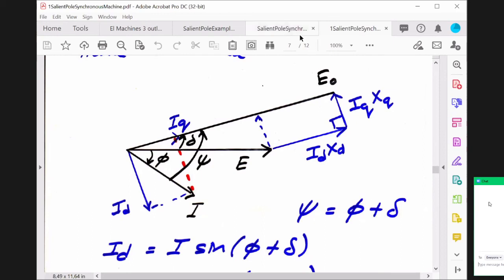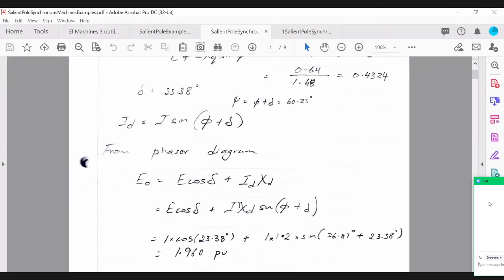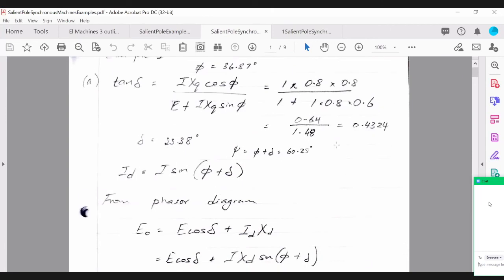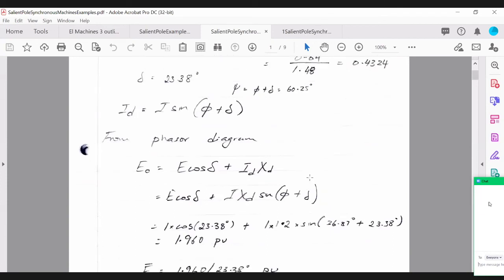Okay, so this is what I've done here. I've determined delta and I've determined the two currents. First, I've substituted from this equation, E naught is equal to E cos delta plus Id Xt. You now need to expand this component Id to be equal to I times sine of phi plus delta.